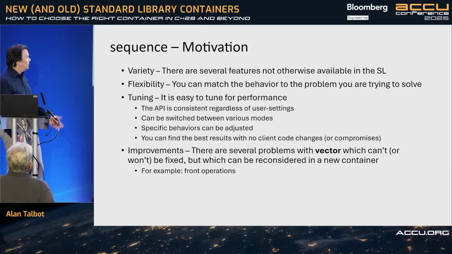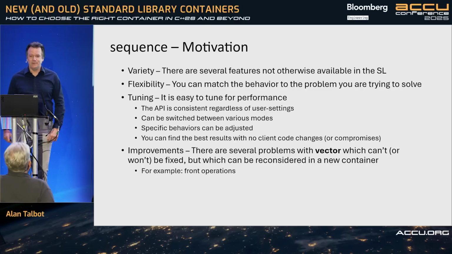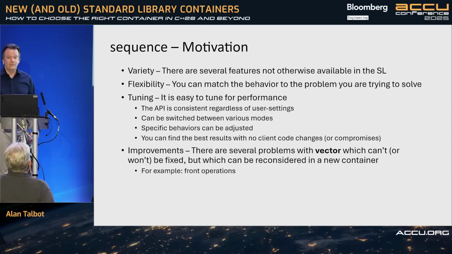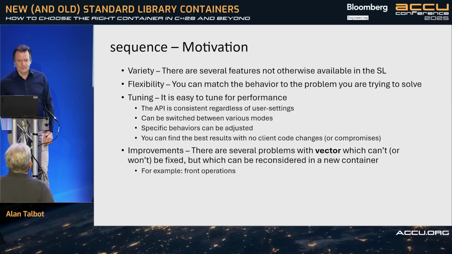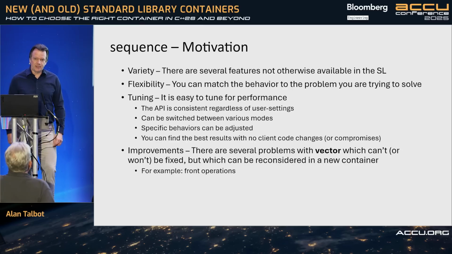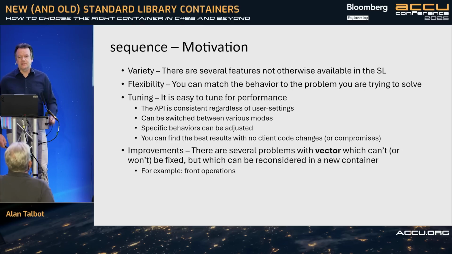It also has some improvements that we can't make with Vector for the aforementioned reasons because we don't change things that are already out there for good reasons. Like front operations. It has front operations in all modes. Sure, exactly, because it's misleading.